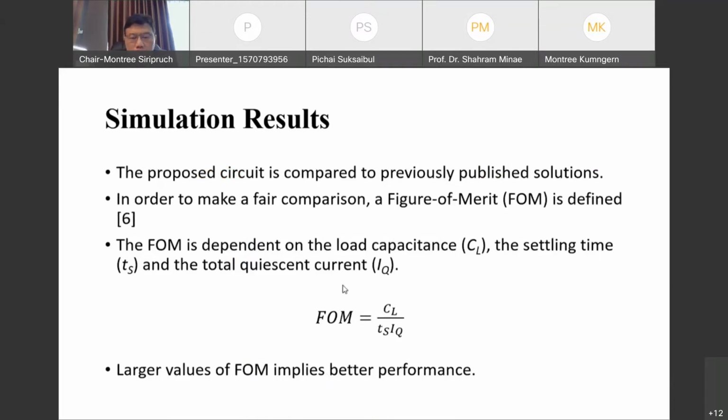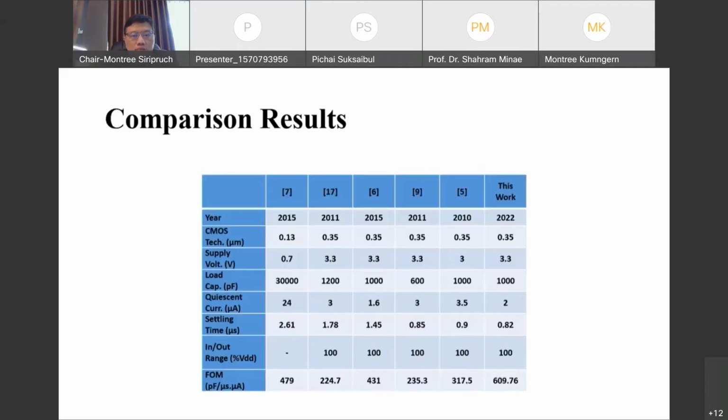So from here, we can say that larger values of FOM imply better performance. These are the comparison results. These are the simulation results for the proposed solution. As you can see, the proposed solution has the maximum FOM value, around 600, the highest value, which means that this solution has better performance when compared to others.